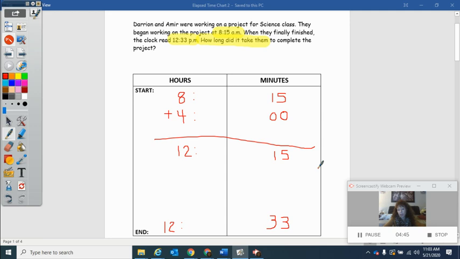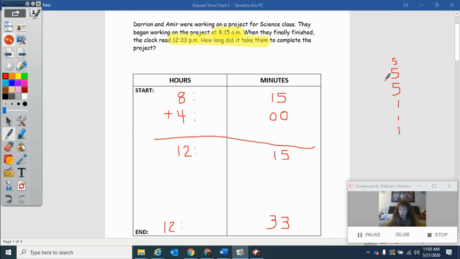But I'm going to kind of count by fives first and then ones. So let's say I'm starting at 15. If I count by fives, let's see, 20, 25, 30, 31, 32, 33.